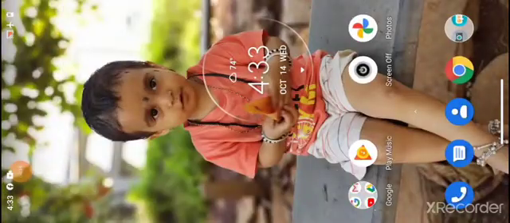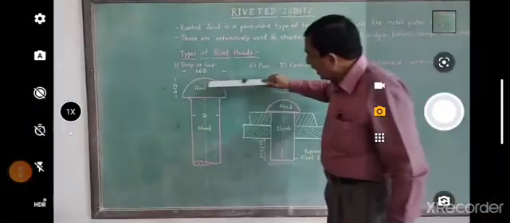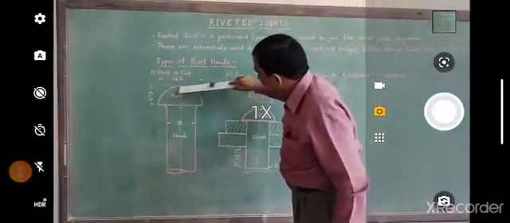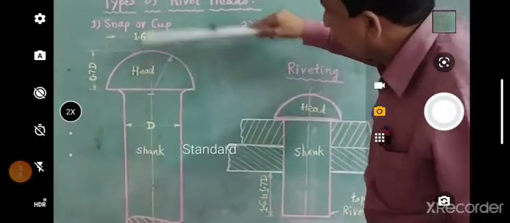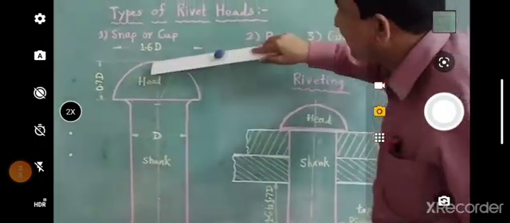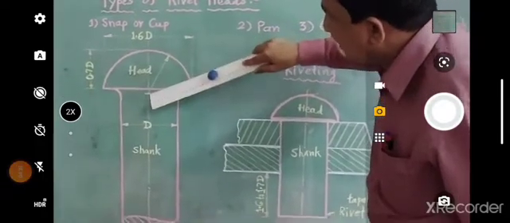After knowing this point and this point, you take 0.8D and keep the center of the compass here, and mark this point.